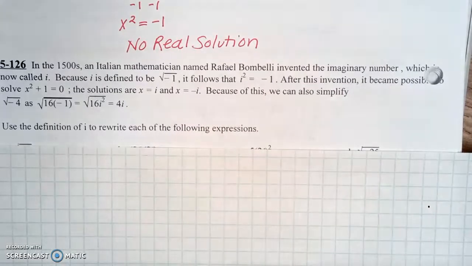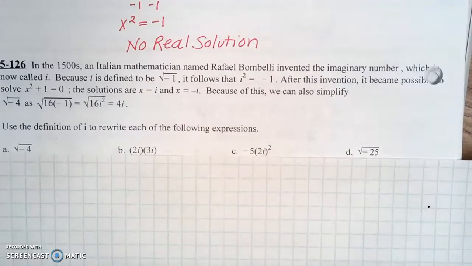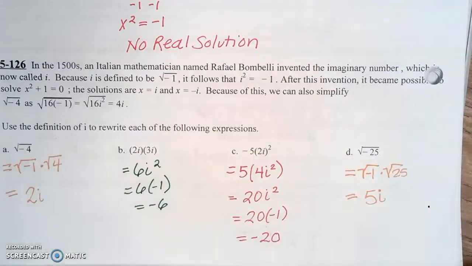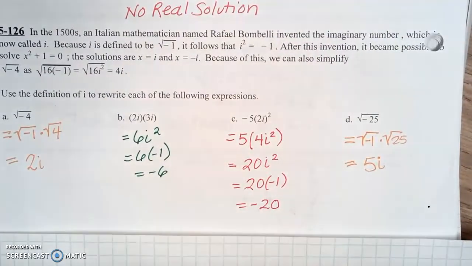Use the definition of i to rewrite each of the following expressions. Okay, here we go. No longer do we say no real solution. Now we can give answers with i in them. So we're going to have imaginary numbers in our answers. If it has a real part and an imaginary part, we call it complex.